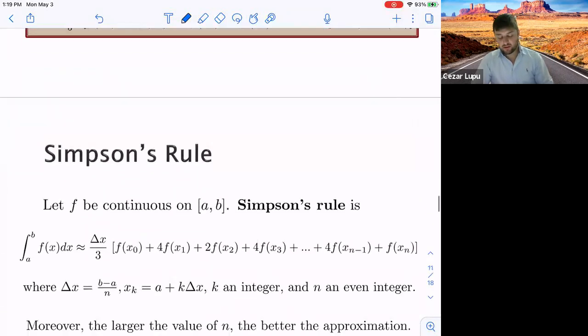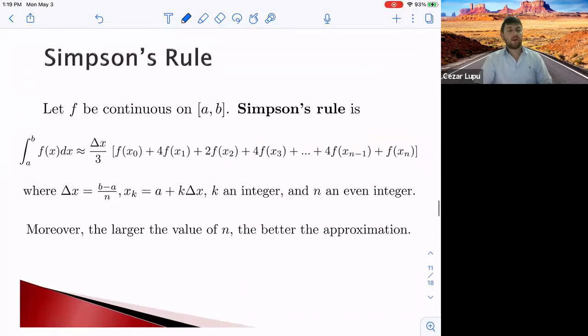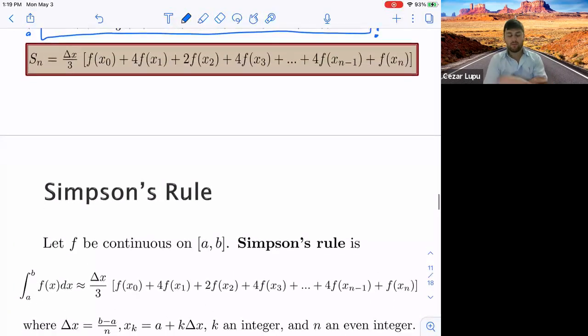In other words, let me just say it directly. If I have a continuous function on [a, b], the Simpson rule tells you the following: the integral from a to b of f of x dx can be approximated by this expression that you see, Sn. That's what we say.